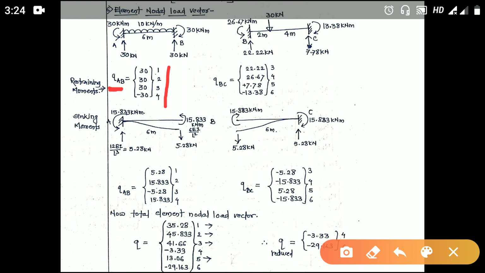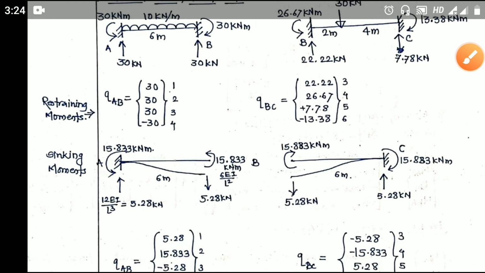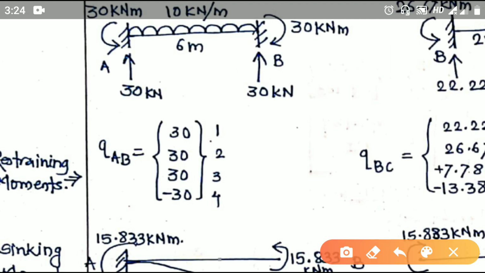Number 1 is the translation at A. The corresponding action is the reaction at A. So the first number is this 30, written here. After that, number 2 is the rotation at A. The corresponding action is the moment at A. So this moment, 30 kilonewton meter, anti-clockwise positive, is written here.